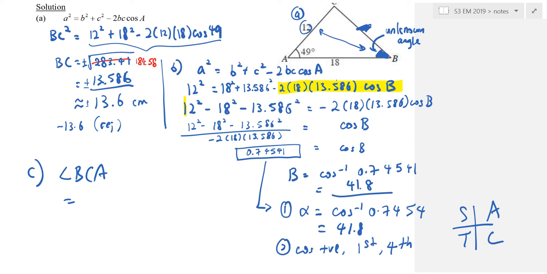Okay. BCA is this angle on top. How? Still must use sine rule or cosine rule or not? No, just minus.